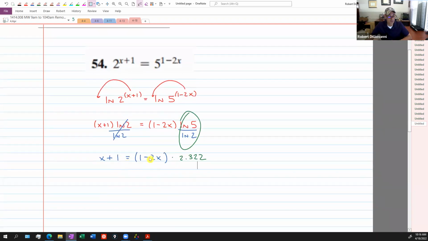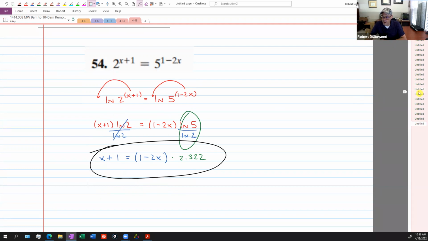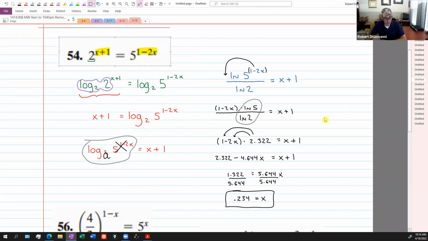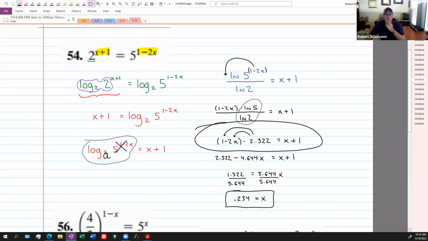Does that equation look familiar? At this point right here, we actually got to this equation without having to do all of this stuff.